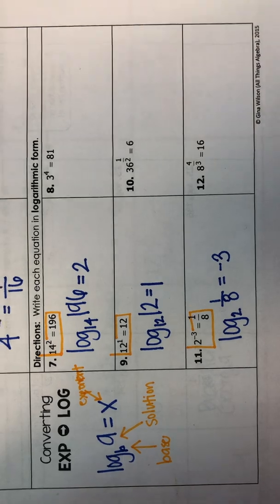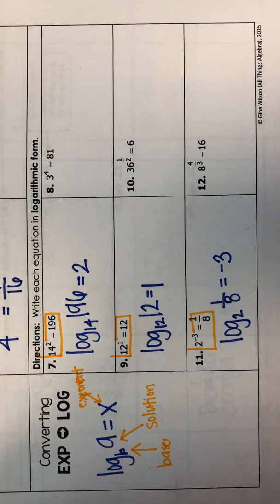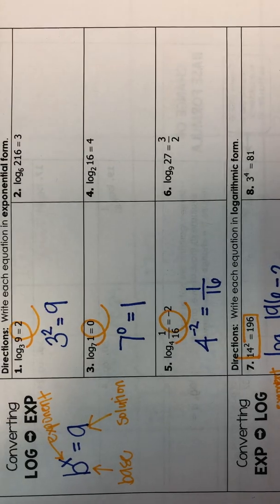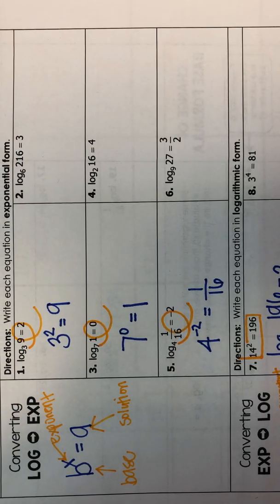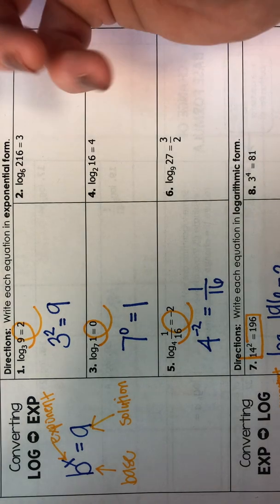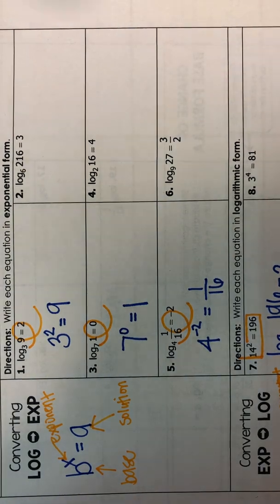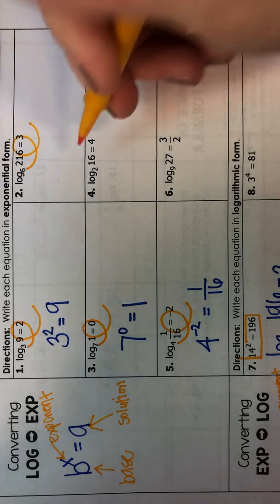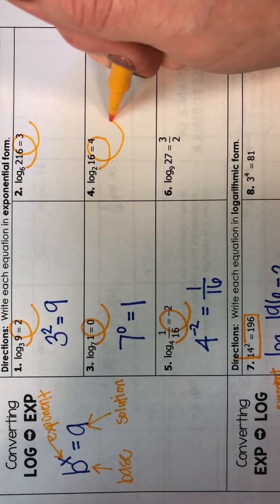All right, take a minute, press pause on the video, and I would like for you to very quickly do the evens. Okay, all right, so just to check yourself, if I'm putting in exponential form, I'm going to draw my e's.